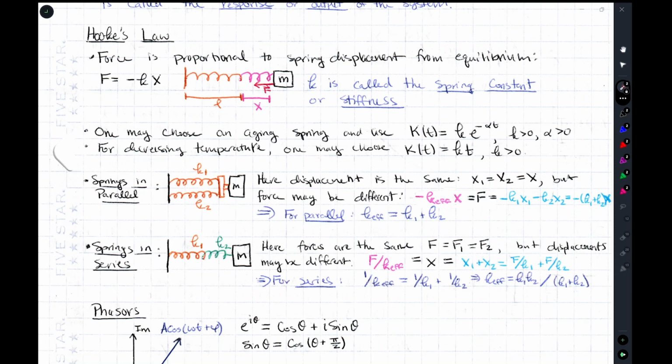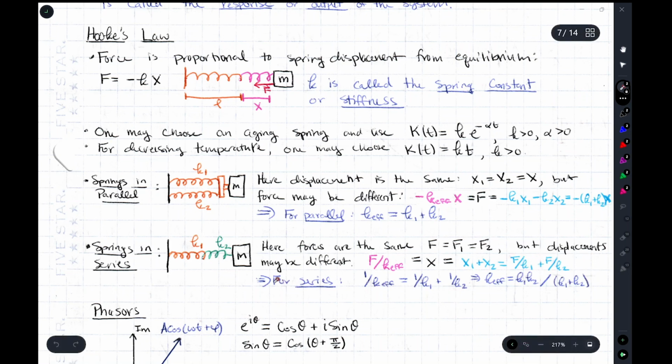So you have them in equilibrium, and you'll have these forces being equal to each other because nothing's accelerating. So here the forces are equal, but the displacements, so K2 could stretch a little bit more than K1, or vice versa.